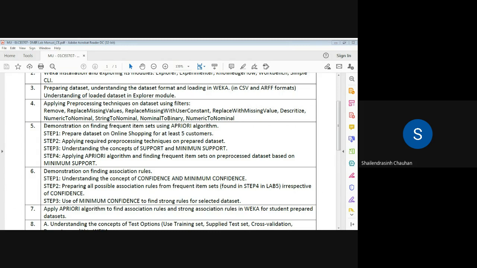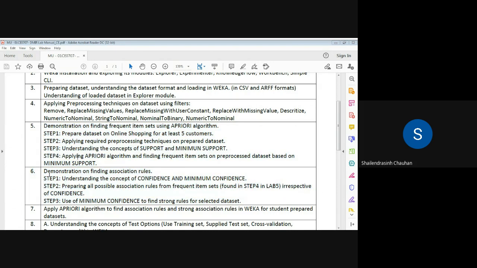In the previous lab, we discussed how to use the Apriori algorithm, that is, we have a data set, and from the data set, how you can find the largest frequent item set. Now in this lab, we're going to discuss how you can find association rules from those frequent item sets. These two are connected.